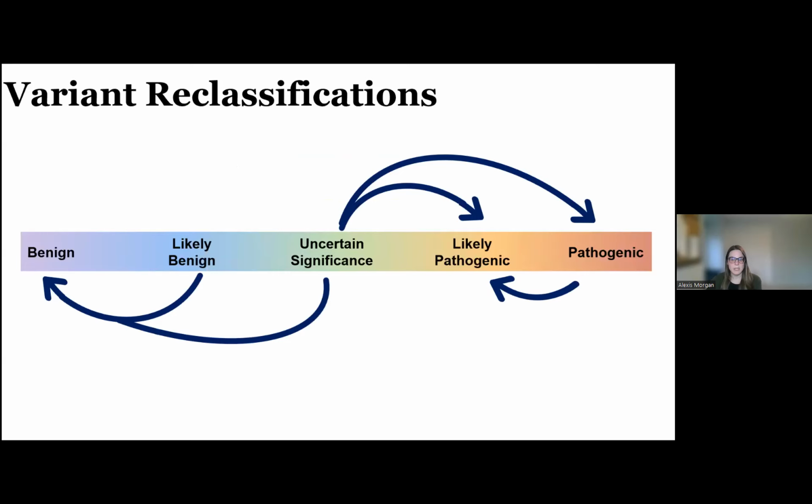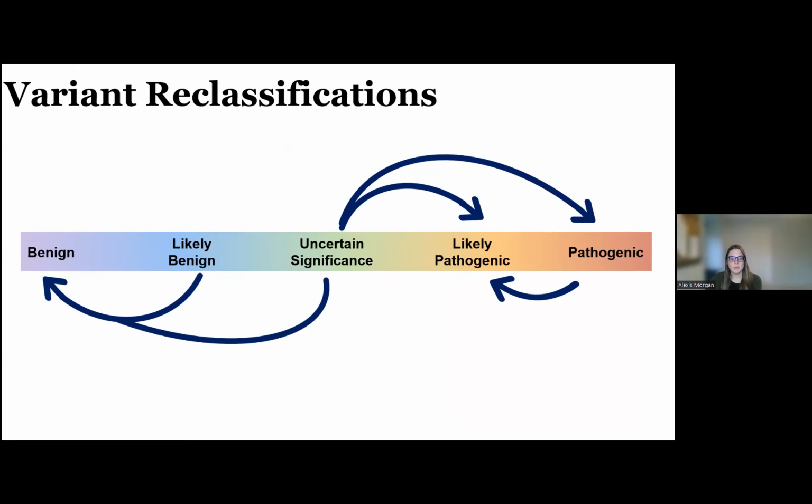As more information becomes available, again, a variant may change in classification. Any variant in any bucket has the potential to change. For example, a pathogenic variant might be downgraded to likely pathogenic, or an uncertain result might be upgraded to pathogenic, or even downgraded to benign, likely benign.